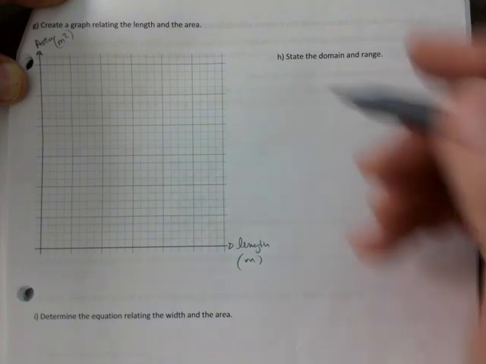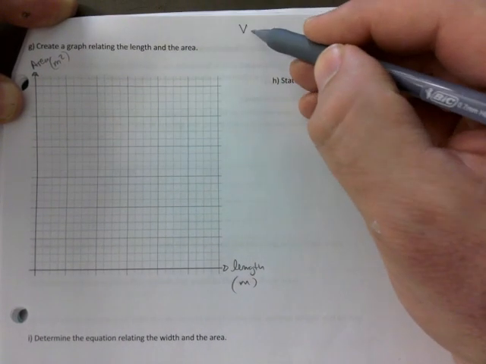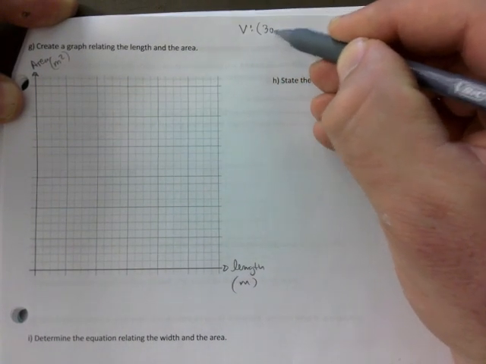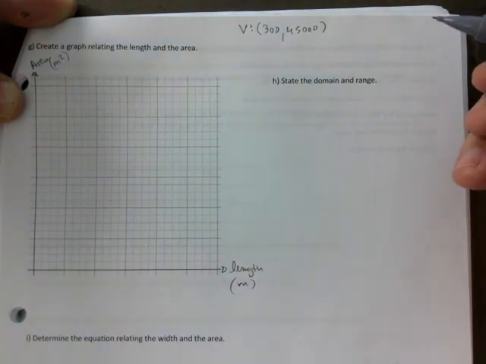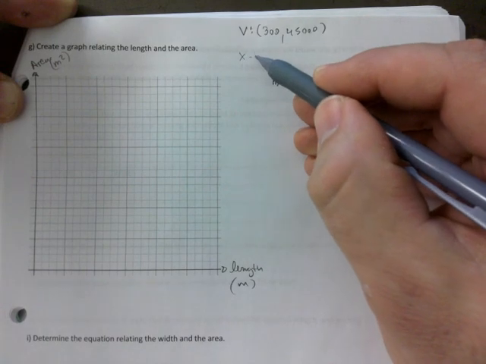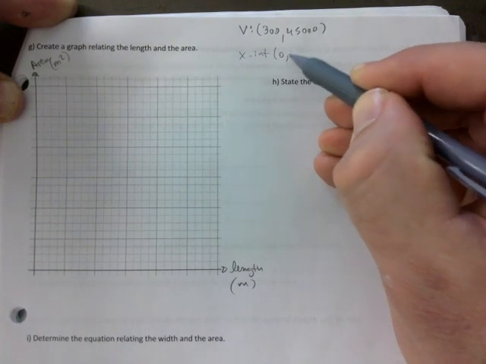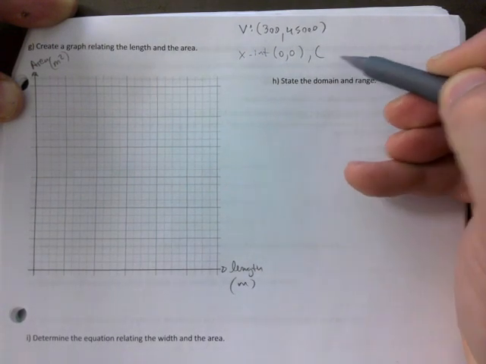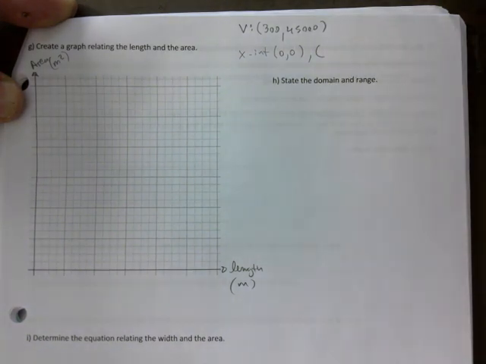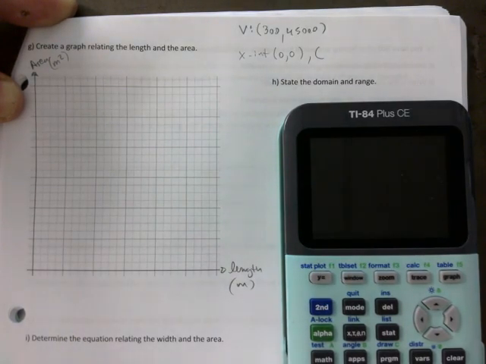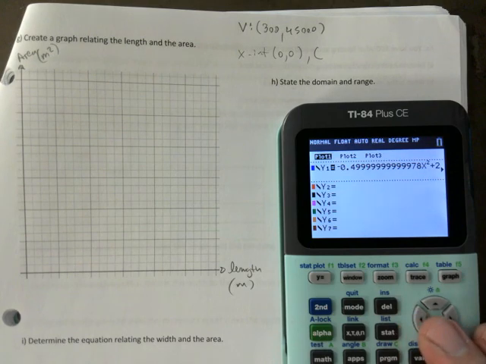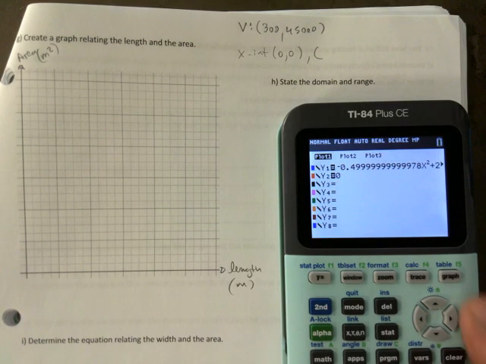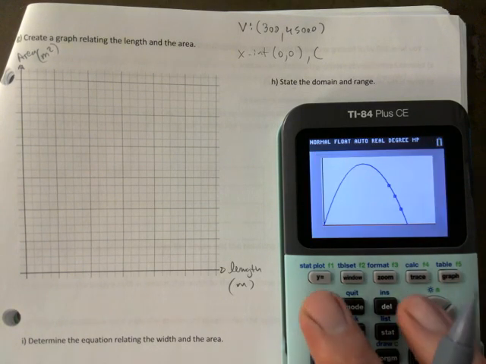And what do I need again? I need my vertex, which I know vertex is 345,000. Notice how big the numbers get, right? The x-intercepts would be 0, 0, as well as the other one. What other one, right? We're going to find the other one. So go ahead and find it with me. We're going to let y2 equal to 0. Hit graph.